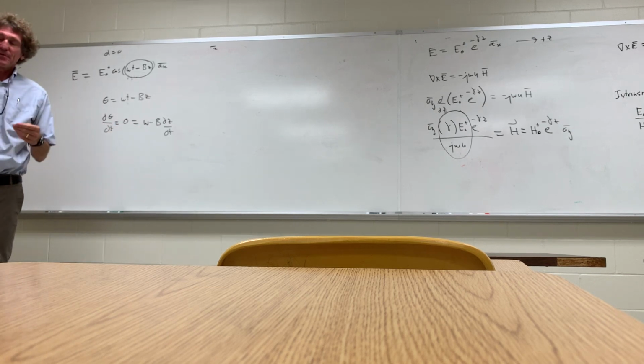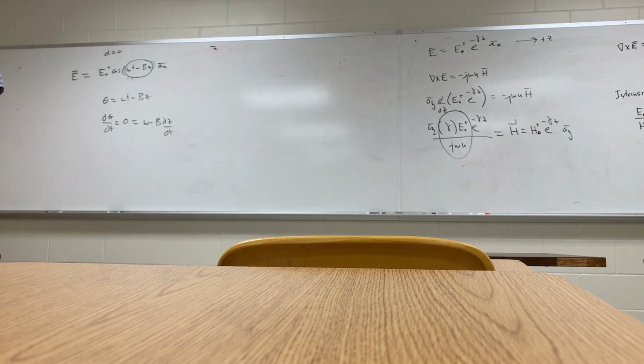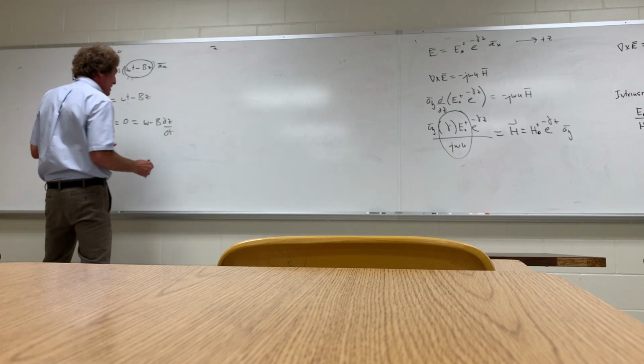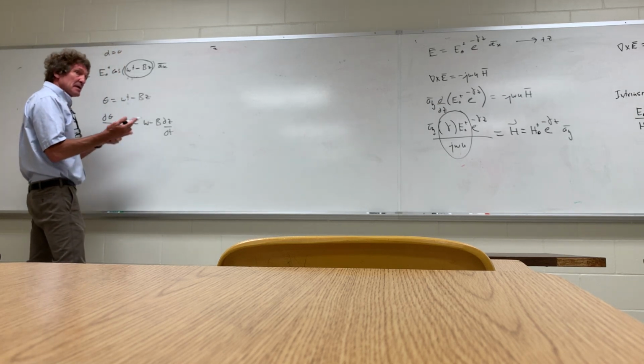Now, anytime you've had physics, you see dx dt, what do you think of in physics? Velocity, right? dx dt, dy dt, velocity. dz dt, velocity in the z direction. The rate of change of the position with respect to time is a velocity.